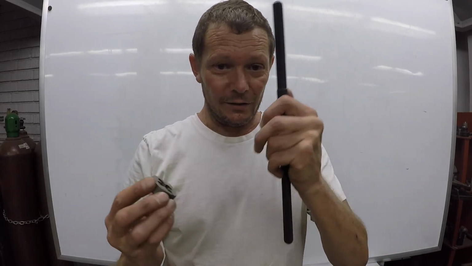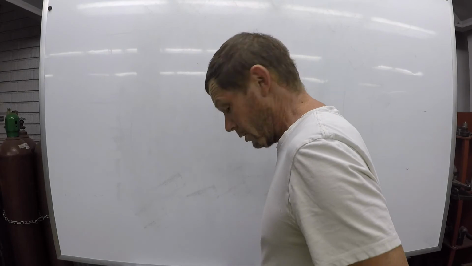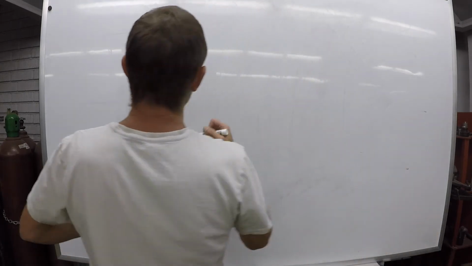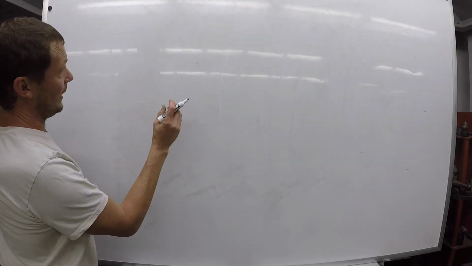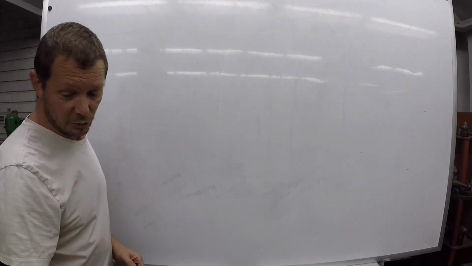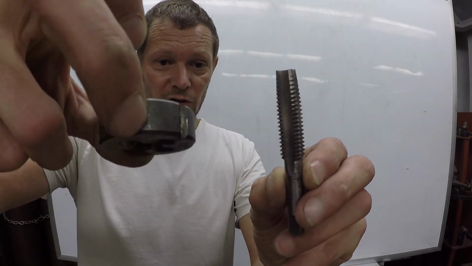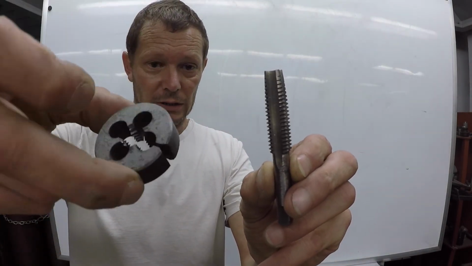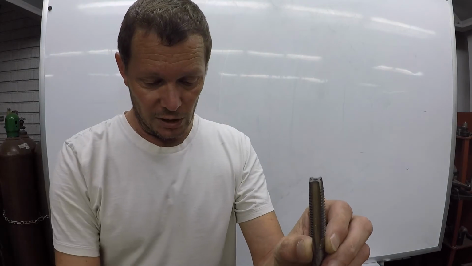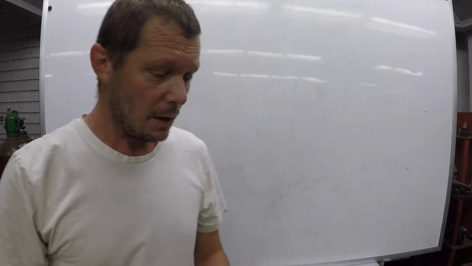And there actually is a right way to put this die into the die stock. But first we need to look closely, and you can't see inside on camera, so I'm just going to draw this really quick. Inside that die, as opposed to a tap, there are not so many cutting edges, which is a huge problem, actually.